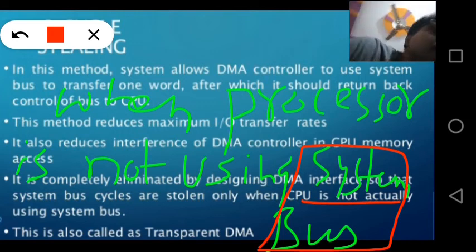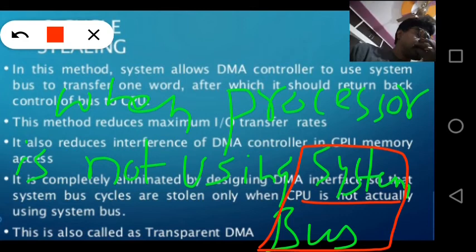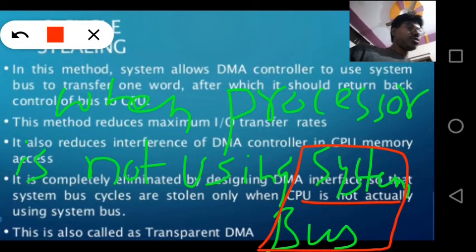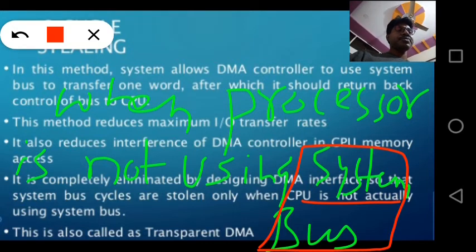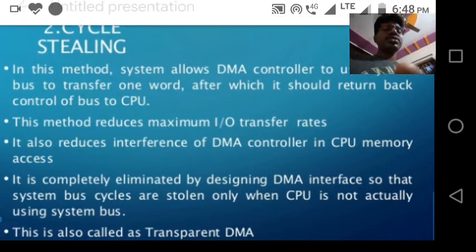Your decode doesn't require any system bus, and execute may also not require it. So during the decode stage or execute stage, the system bus is idle.